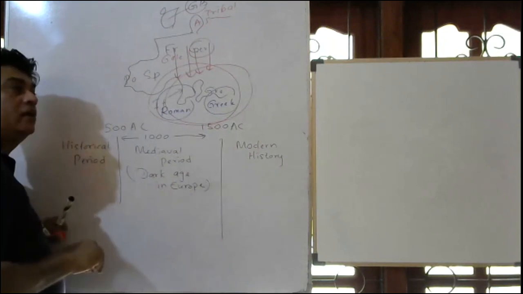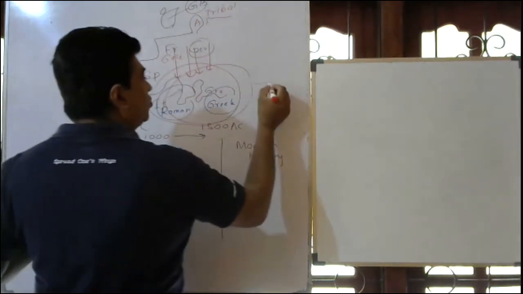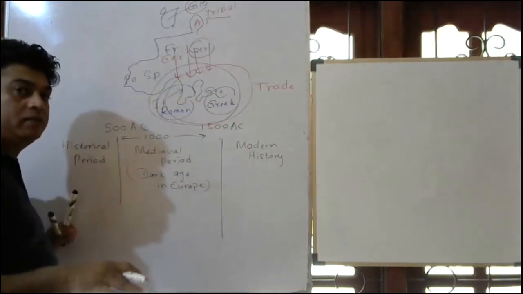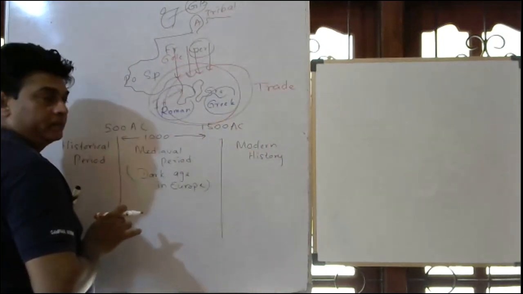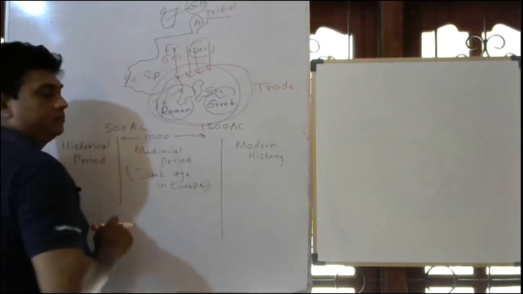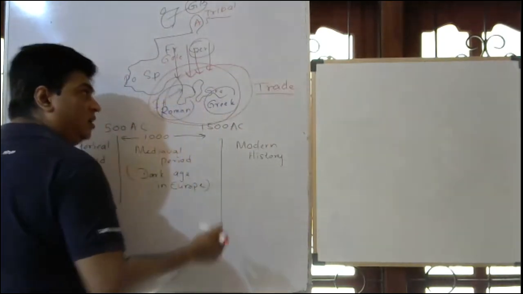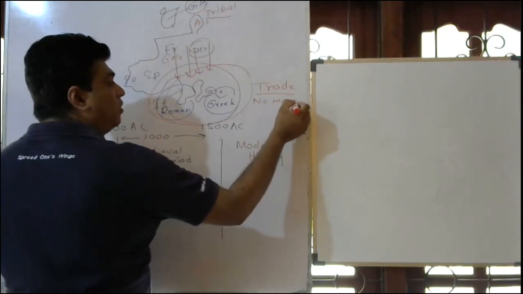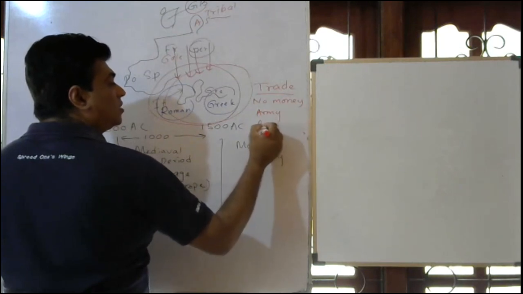Because of the tribal invasions, trade collapsed. Trade was the main income of the kings of the Roman Empire. They earned money through trade. When trade declined, the kings had no money to pay for the army and for the aristocrats.